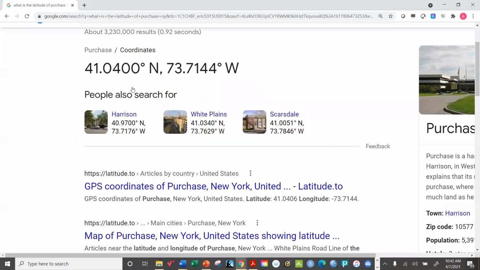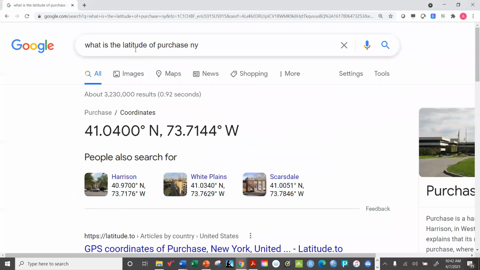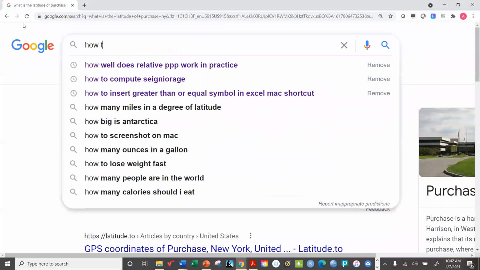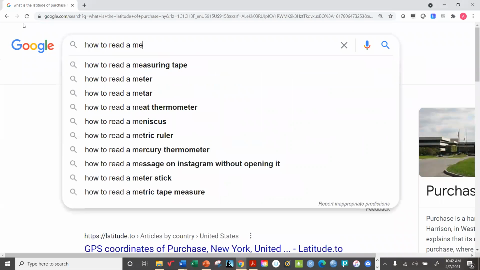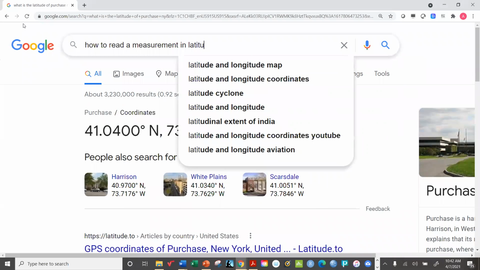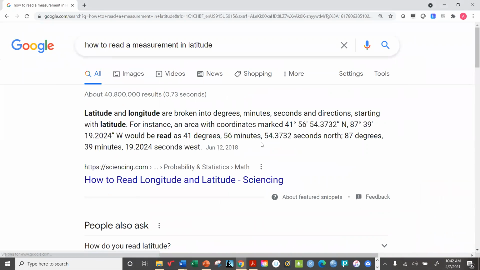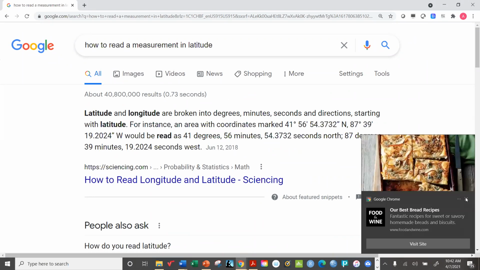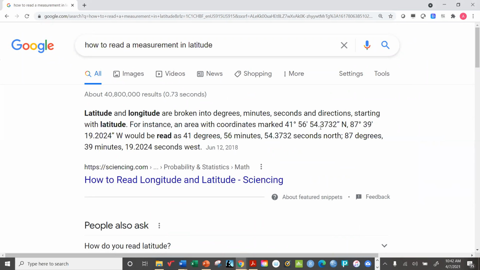Okay, so when they write it like this, I'm not quite sure how we're supposed to read this. I have to double check that. Okay, well, see here what they've done is they've broken it up. It's 41 degrees, 56 minutes, and 54.3732 seconds. Okay, so that's what that's supposed to represent.